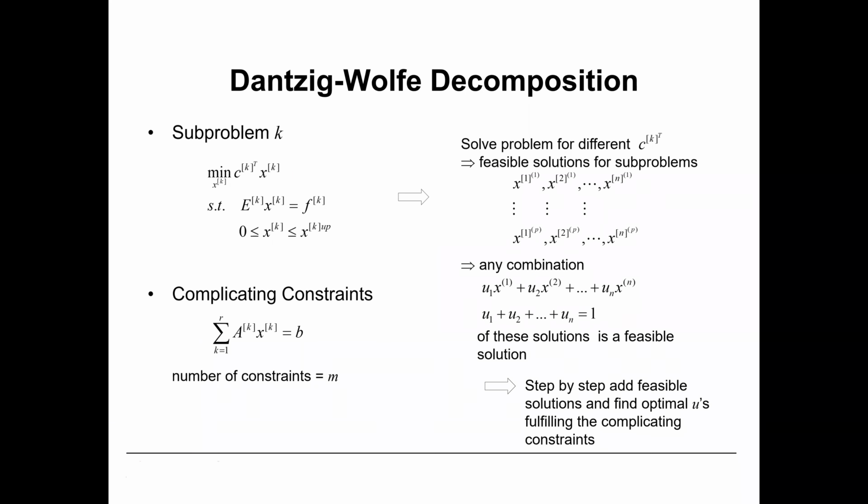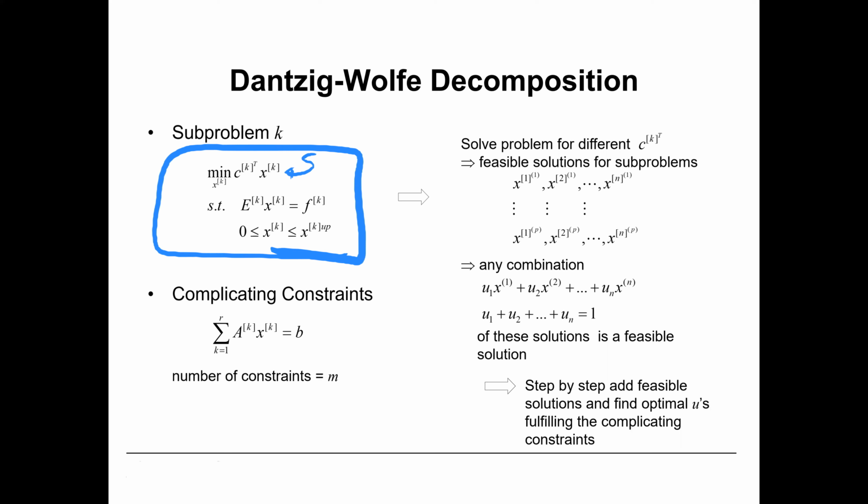All right, so here is the general idea. So we start with defining each of the subproblems very clearly. If you look at here, the objective function for each subproblem is the coefficients for that specific subproblem multiplied by the set of variables for that subproblem.